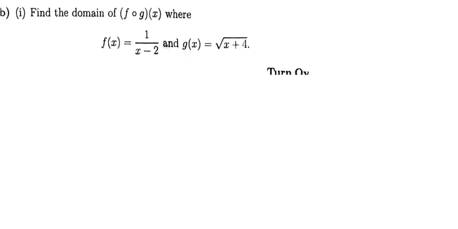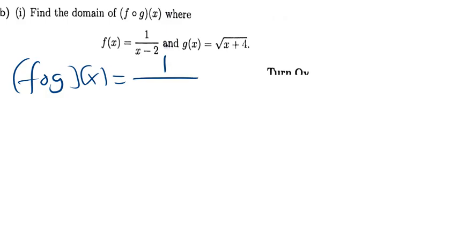The question is find the domain of f of g of x. Where there is x here, put the whole of that. That's what it means. So f of g of x is equal to 1 over, where there is x, we put the square root of x plus 4 minus 2. Now find the domain.